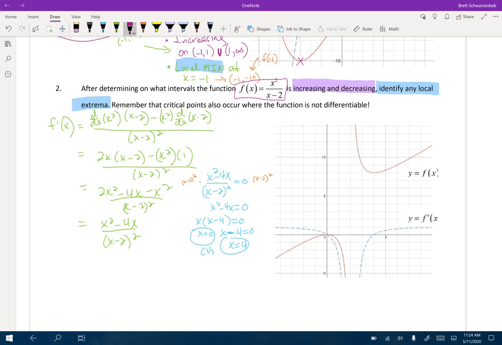So that means in this problem, we also have x equals 2 as a CV because f of x is not differentiable there.